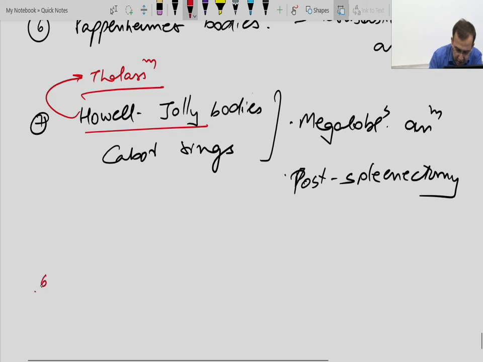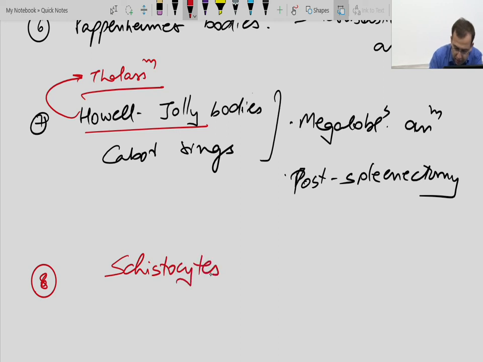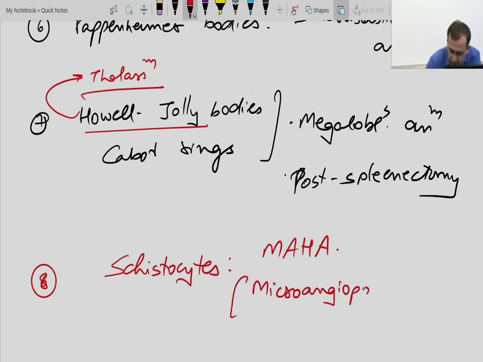The last and the most important is schistocytes, which are seen in MAHA. MAHA stands for microangiopathic hemolytic anemia.